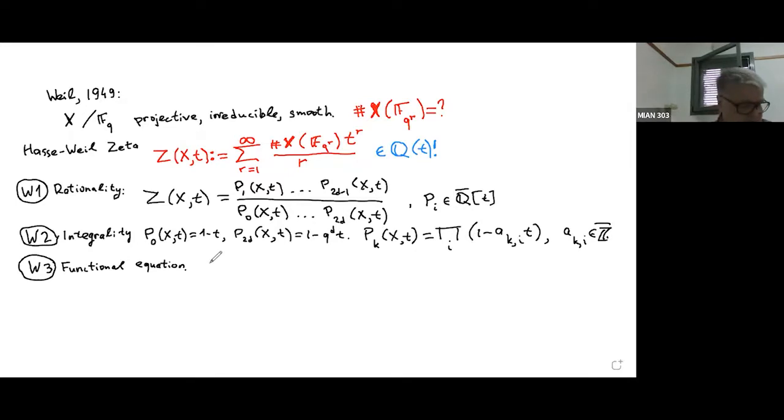So the functional equation looks as follows: Z of X when we make the change of the argument.